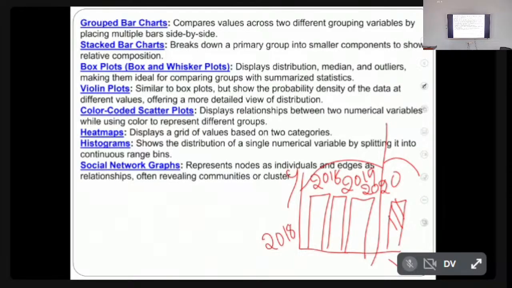Next, color-coded scatter plots. What are they actually? You have to write down all that. What do you mean color-coded? We highlight the graph by using colors. Write down, it displays the relationship between two numerical values.